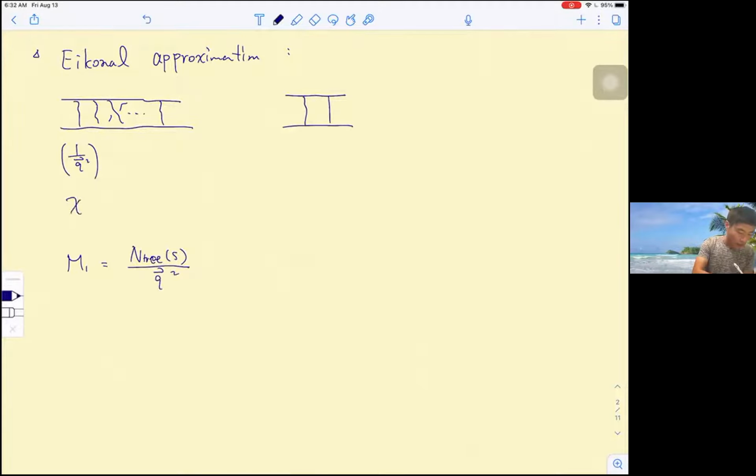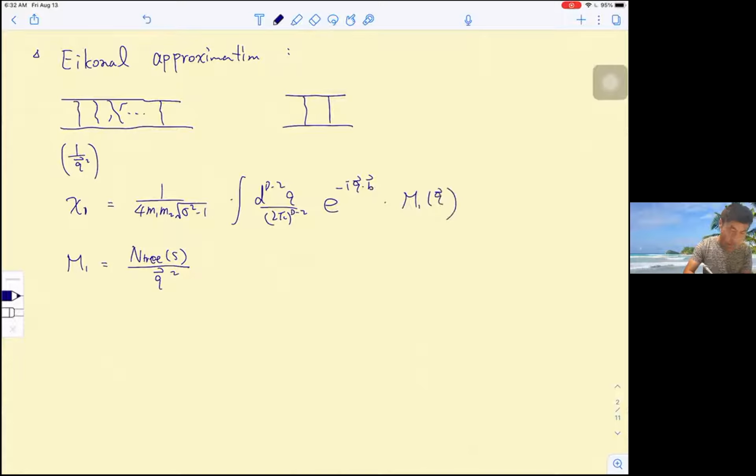So let me define the phase from this, which is simply the Fourier transform of the amplitude from the momentum transfer q to the impact parameter b.